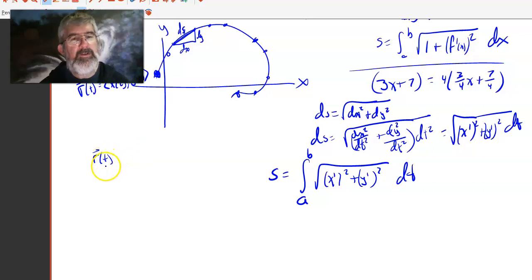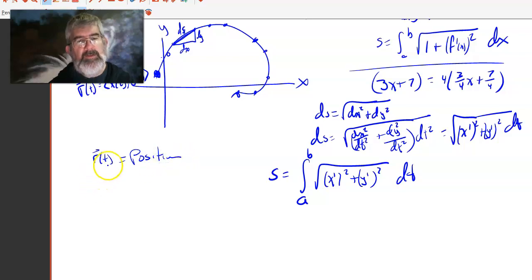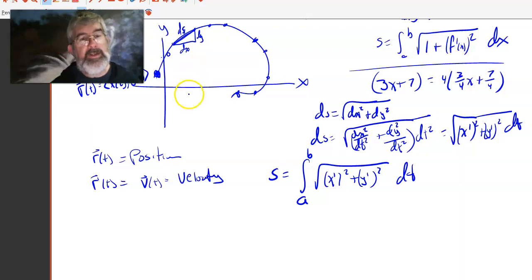If the vector function is thought of as a position function, what's your position with respect to time, then the derivative, this is position, if t is time, then the derivative of the position, that is the rate at which your position is changing, is the velocity. So r prime of t, which I would call v of t, is the velocity vector. And we have already seen that the derivative is a tangent vector.